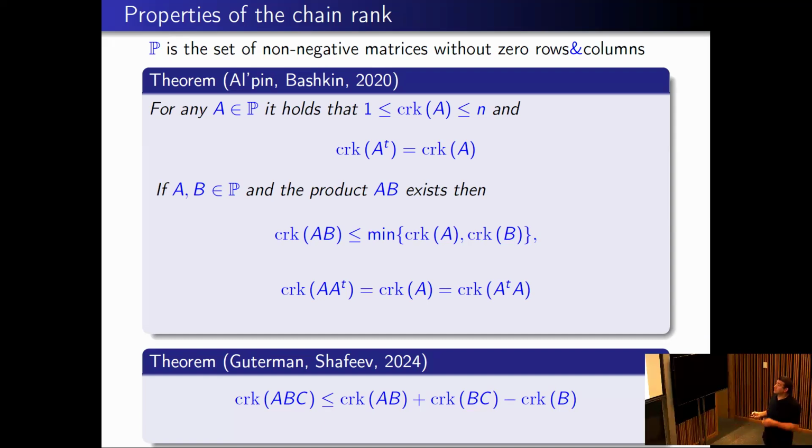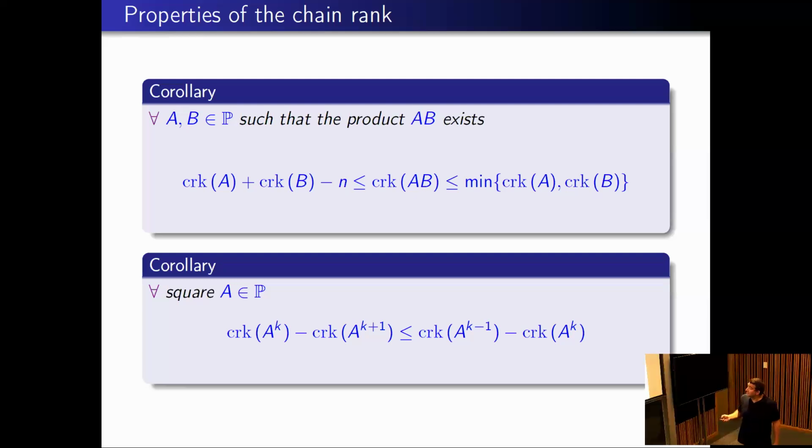And it turns out that the name rank was actually suitable here, because really it behaves like rank in many different situations. For example, we have a Frobenius bound for the rank of a product, and we have even a Sylvester law bound for this chain rank, for this number of equivalence classes with respect to a rook, and all other consequences.